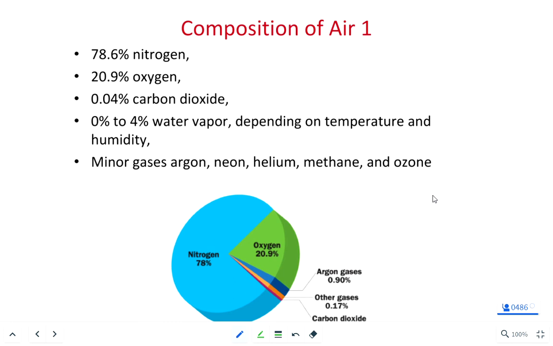But there are some other secondary gases that we breathe in as well. We have a little bit of carbon dioxide, a little bit of argon, some of the noble gases we breathe in and out, not helium, it just floats away. Depending on humidity and temperature, we can have up to 4% water vapor present in our atmosphere. We're coming up on winter, and the amount of water vapor in our atmosphere is dropping very rapidly, so this composition is becoming much drier.